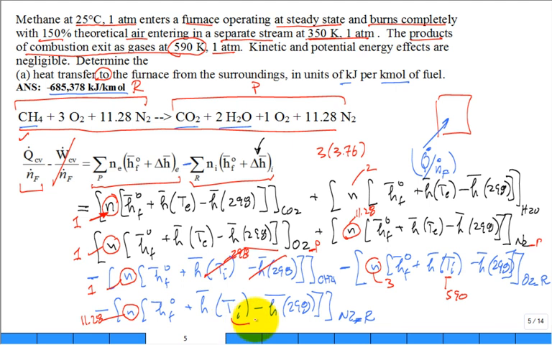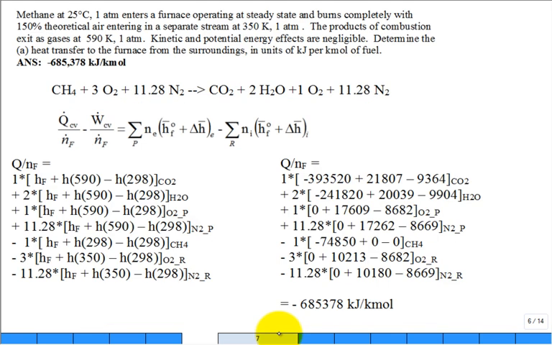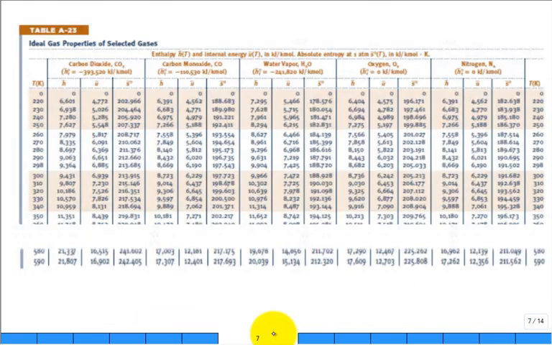It came in at 590 for the nitrogen. So you have to go to our gas tables, get the molar enthalpy for the oxygen at 298 and at 590. I think I have a table for that. Next slide. Let me look. Okay, I have it over here. This is table, what is that, A23.